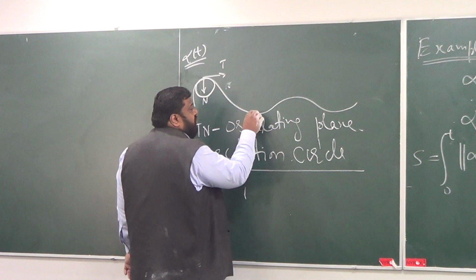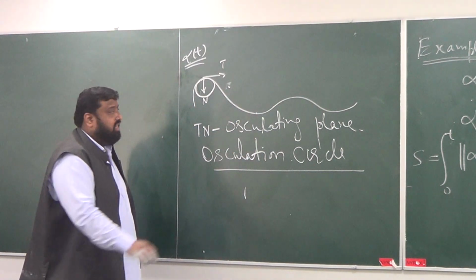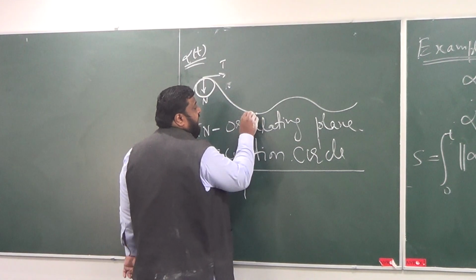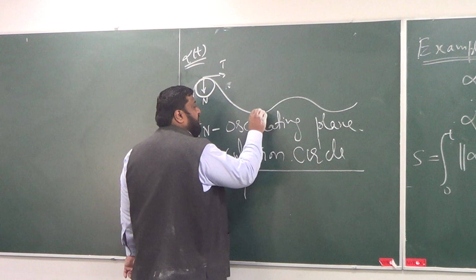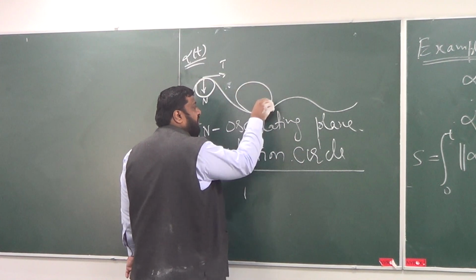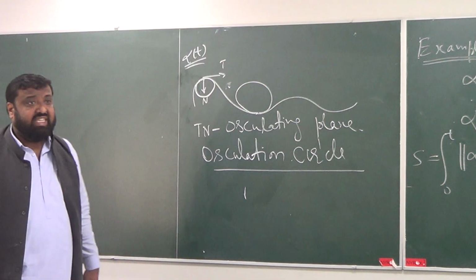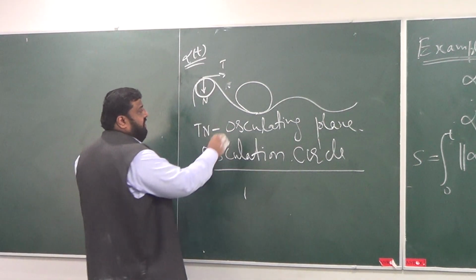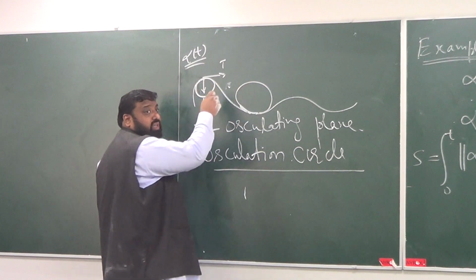How about if I draw the same kind of circle at this point? Take the neighboring points and fit a circle around it, and that circle is going to be big compared to this one.